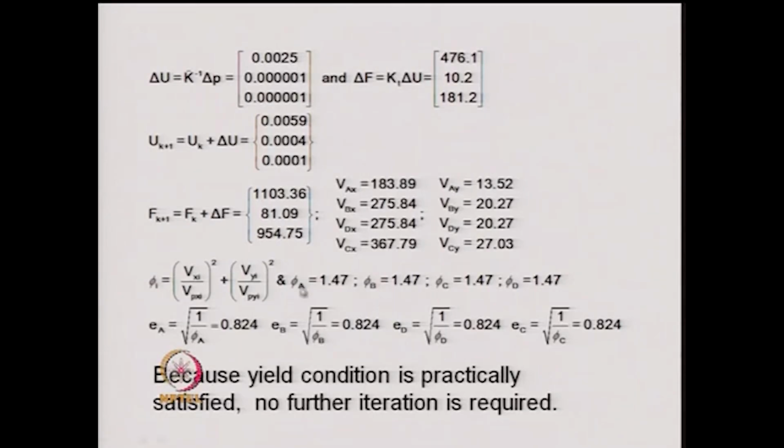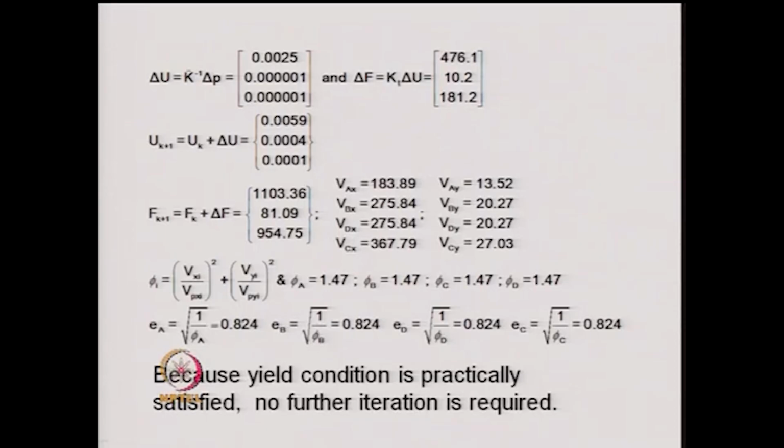So, therefore, the forces are to be pulled back so that the yield condition is satisfied. For that we calculate the EA, EB, ED and EC as this one, that is 1 by square root of phi A, 1 by square root of phi B, and so on.